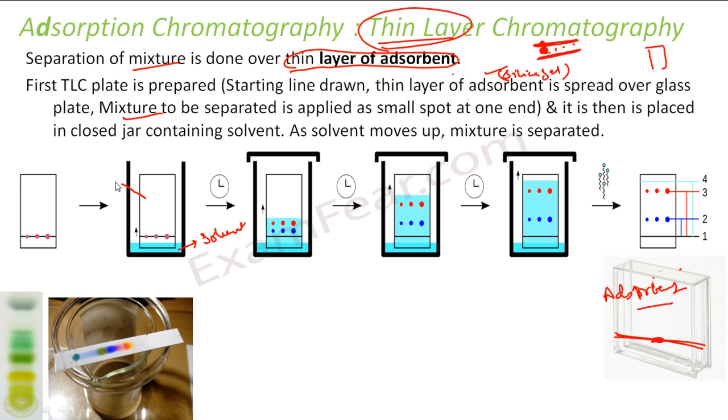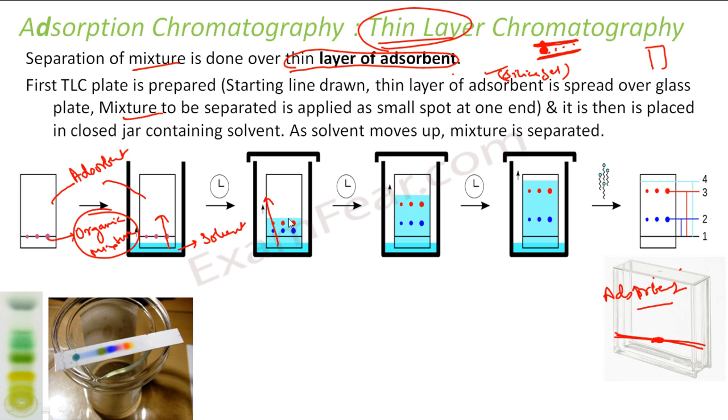The one in this glass is my adsorbent, correct? And these are my organic compound or organic mixture actually to be separated, correct? I am putting this in the solvent. Now due to capillary action, after some time you see this will rise. Now this is nothing but flow of solvent in this direction.